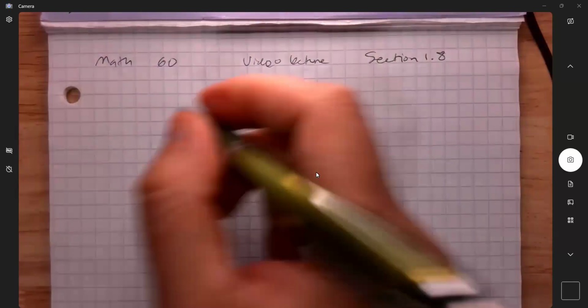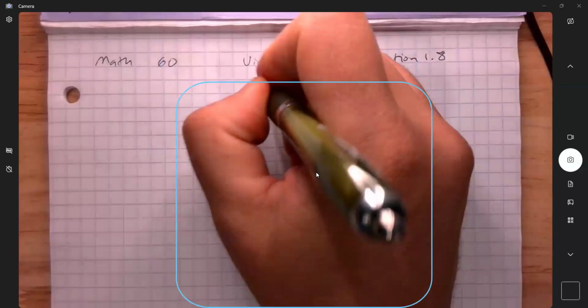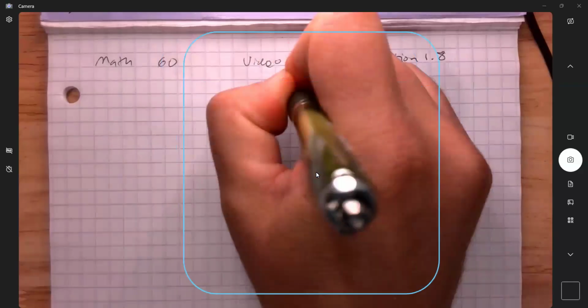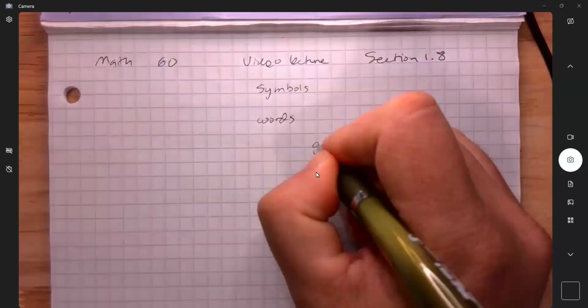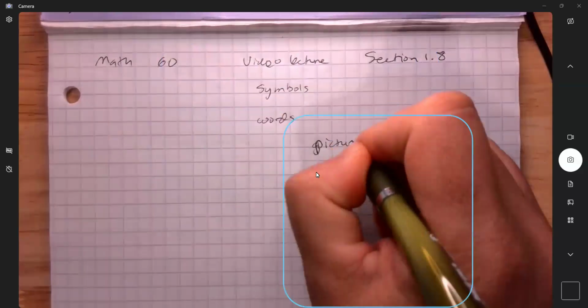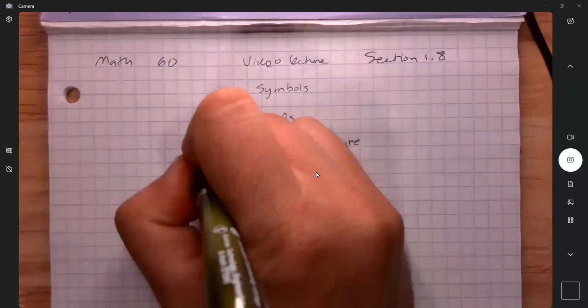It is about modeling, but really what it's about is taking our different representations of mathematical ideas, which was pictures maybe, or visual, or graphs, and numbers.